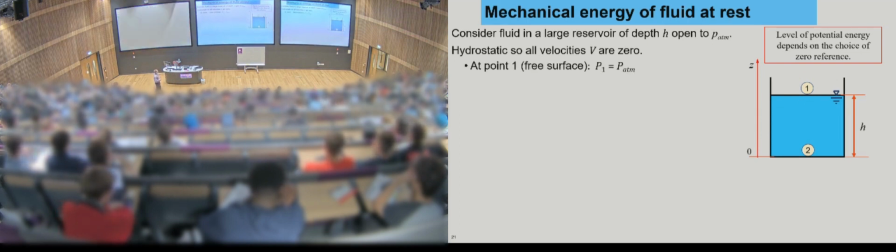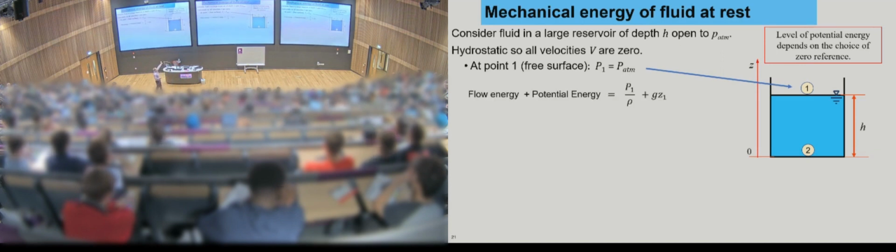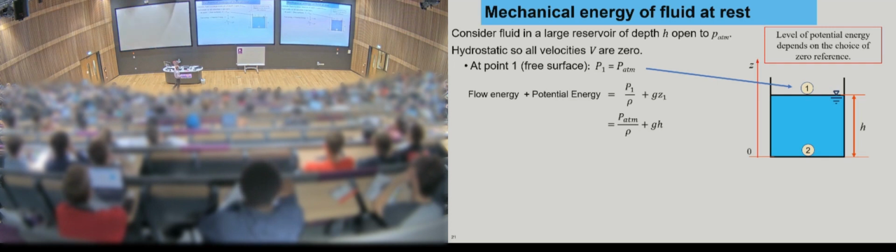So at the free surface, that's at point 1, my pressure is equal to atmospheric. And that means that my flow energy plus my potential energy, there's no kinetic energy, is equal to P1 upon rho plus GZ1, which is equal to P atmosphere upon rho plus GH.